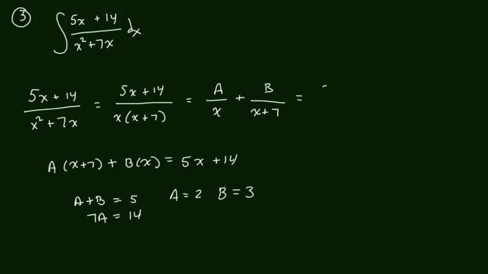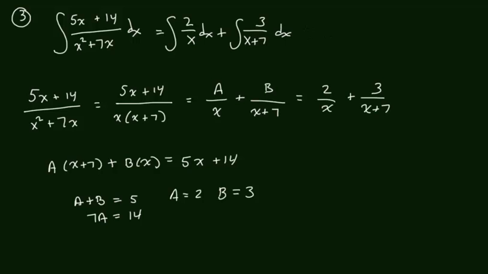Decomposition, 2 over x plus 3 over x plus 7, and our integration, 2 over x dx plus 3 over x plus 7 dx, 2 natural log x plus 3 natural log x plus 7 plus c.